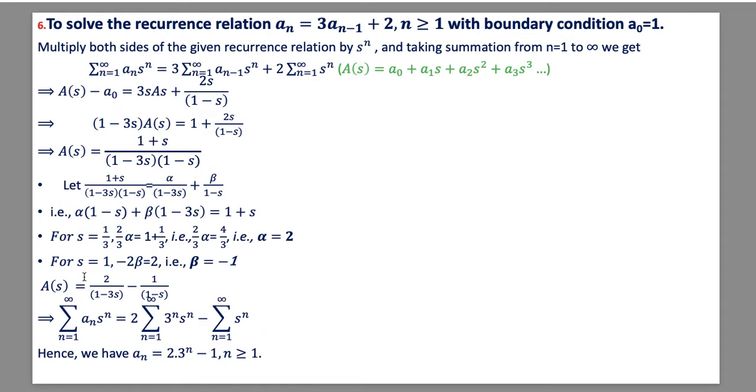Therefore, the generating function will be A(s) equal to 2 upon 1 minus 3s minus 1 upon 1 minus s. So it means this is sigma n equal to 1 to infinity a n s raised to power n. This will be 2 sigma n equal to 1 to infinity 3 raised to power n s raised to power n minus sigma n equal to 1 to infinity s raised to power n.